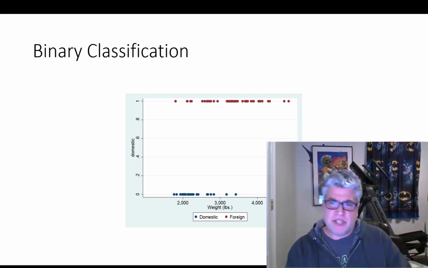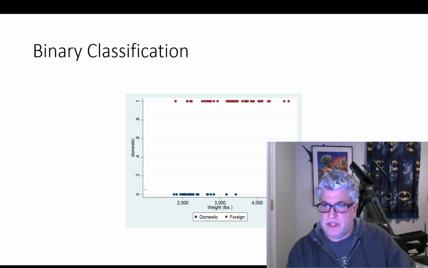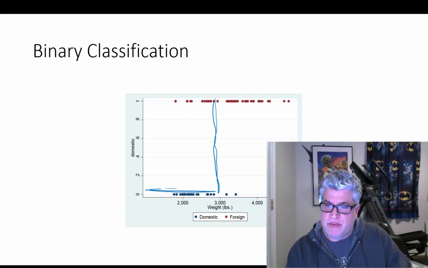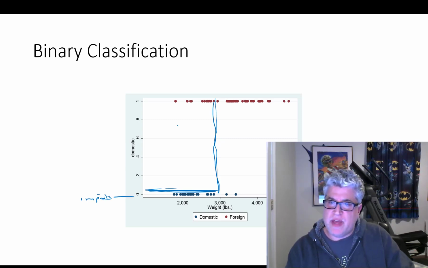So a perceptron model would try to ideally find a perfect line of demarcation so that to the left of that line, we're predicting imports, and to the right of that line, we're predicting domestic, U.S. cars. So we're predicting the one.